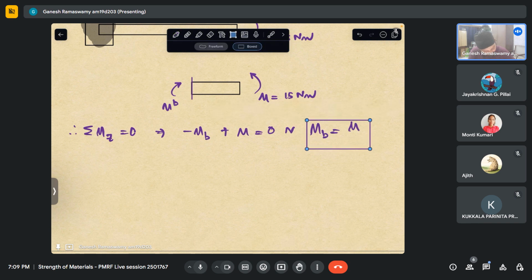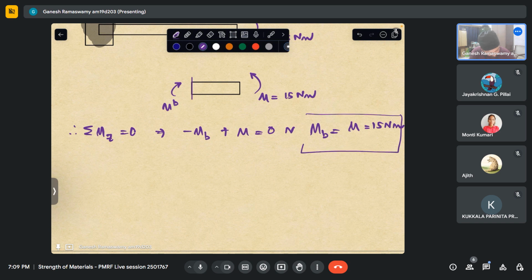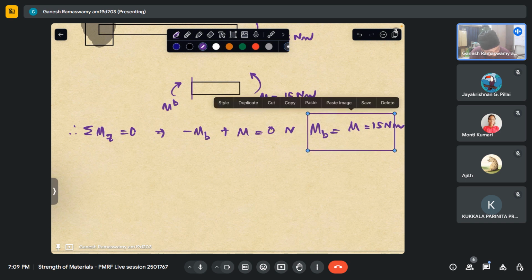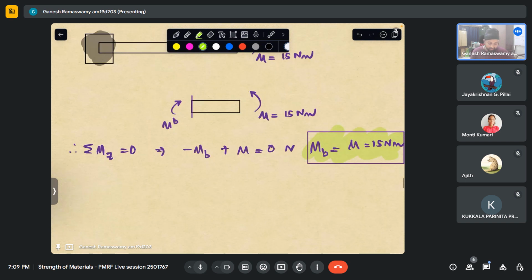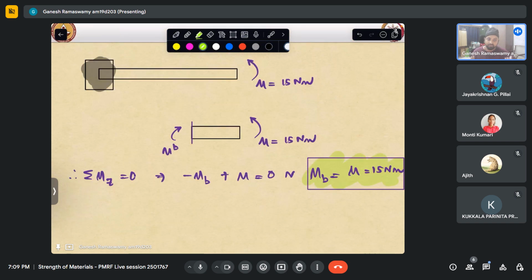So at any section, the bending moment is constant. It's sometimes easier to do it using our first principles, so that we can always get back to them when we need it. So we have determined the bending moment at any section, which happens to be constant, which is 15 Newton meter. So far, so good.